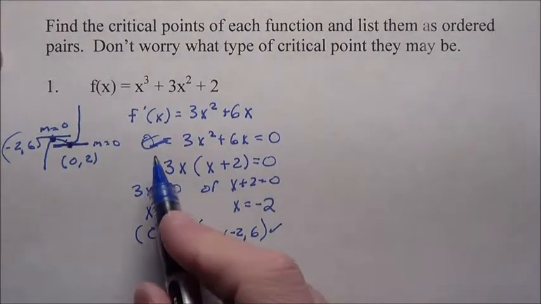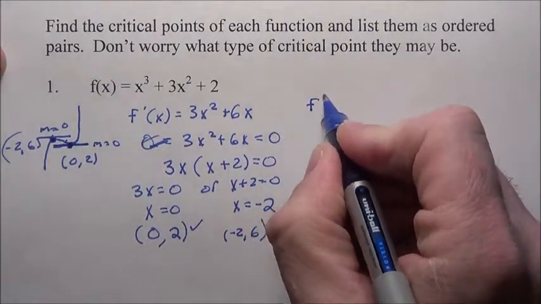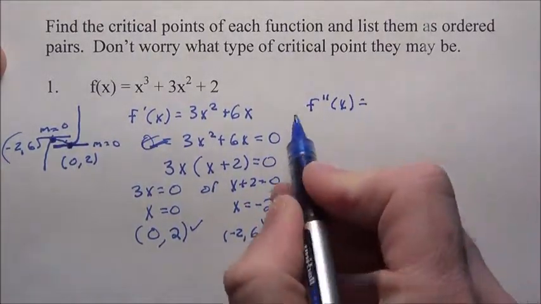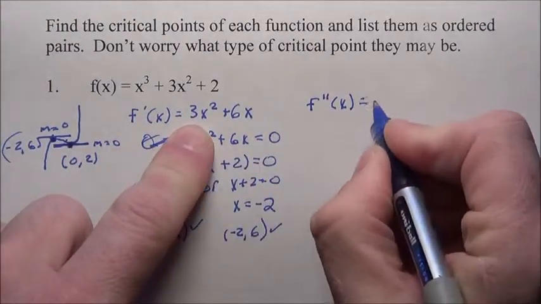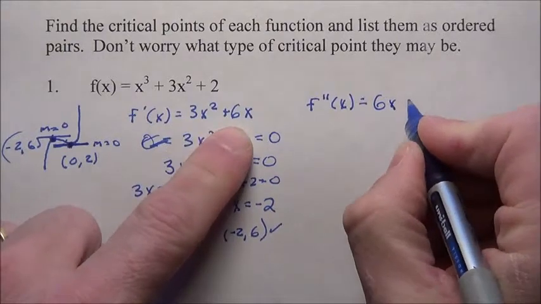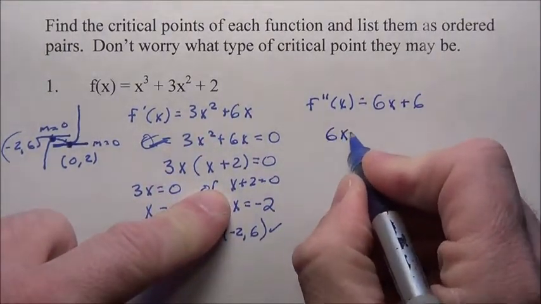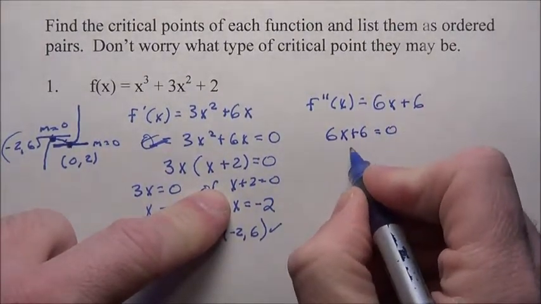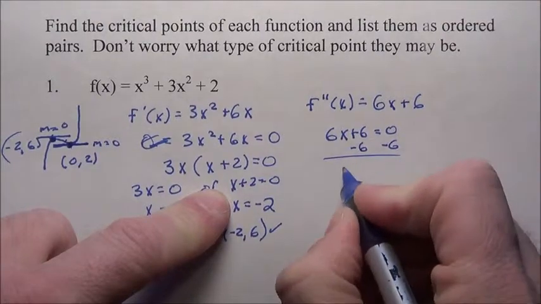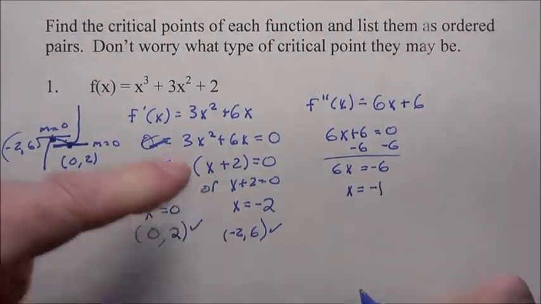The way we get the point of inflection: here was the first derivative, and all we do is take the second derivative. So we take the derivative of this derivative. When I bring my 2 down, that's going to make it 6x plus 6. Then we do the same thing: set this second derivative equal to 0 and solve it. Move your 6 over, divide by 6, and we get negative 1.